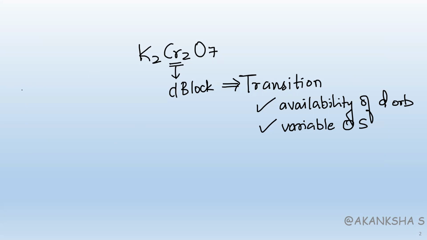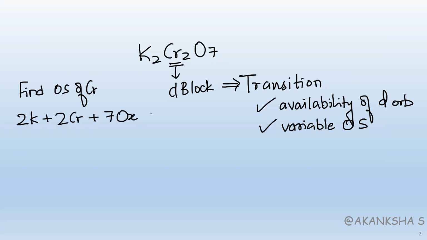K2Cr2O7, if we want to find the oxidation state of chromium, you simply need to take the compound and bifurcate it. So it is 2 potassium plus 2 chromium plus 7 oxygen, giving you an overall charge of 0. There is no sign over here, so 0.